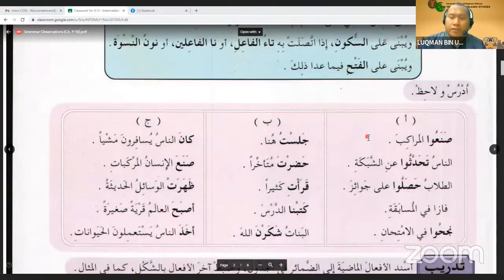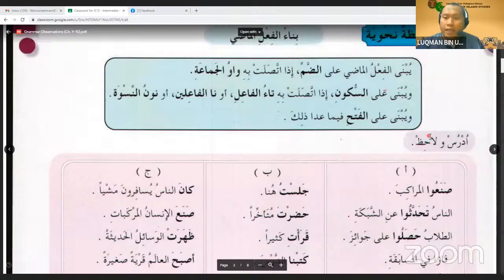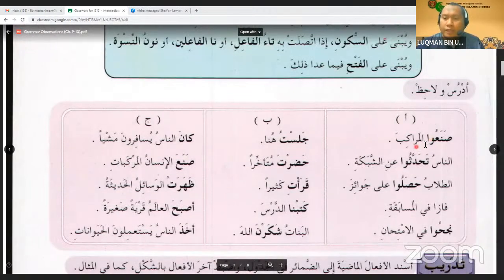Okay, now we will see examples. Udrus walahid. Study and observe. So the first ones are examples of mabniyun ala dhammi, fixed with dhamma. Sana'ul marakibah.